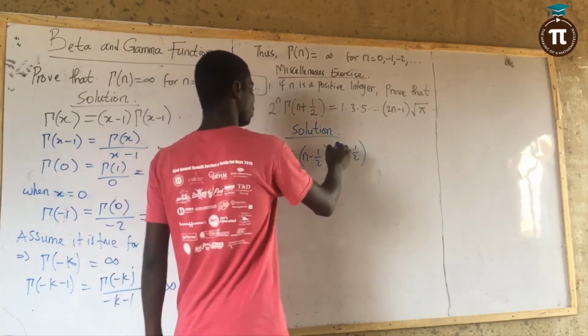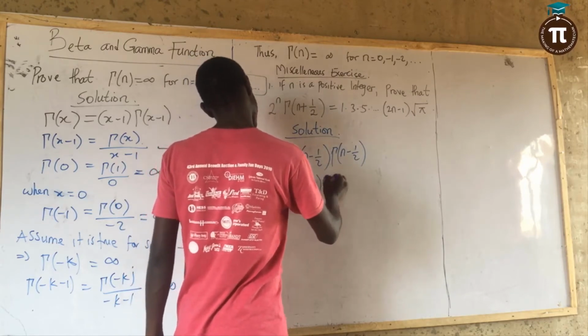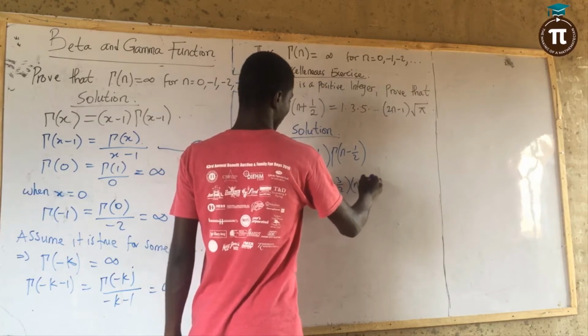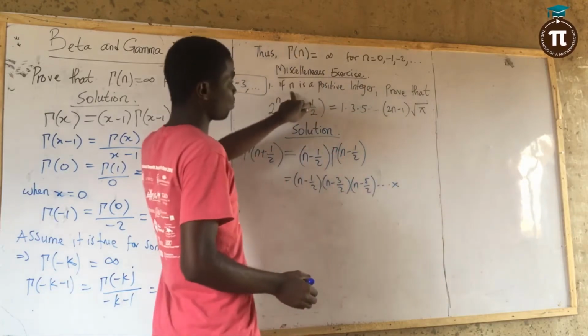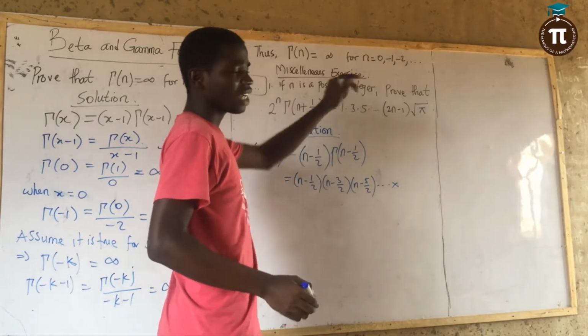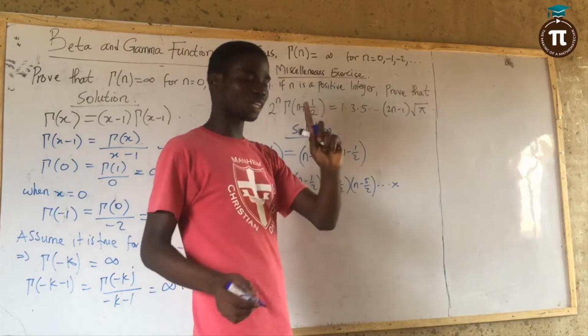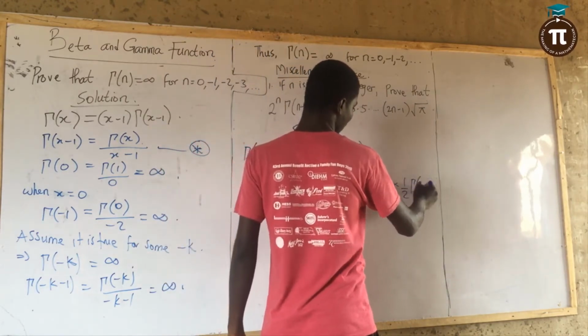So I'll continue this way. This one will be n minus 1 over 2, n minus 3 over 2, n minus 5 over 2, and it goes on like that. Since n is a positive integer, when it continues to reduce like that, the time will come it will get to 1. And by the time it gets to 1, it will be 1 over 2 gamma of 1 over 2.